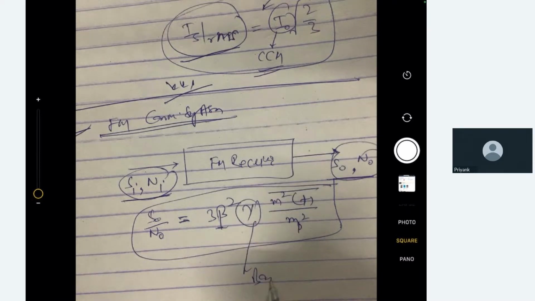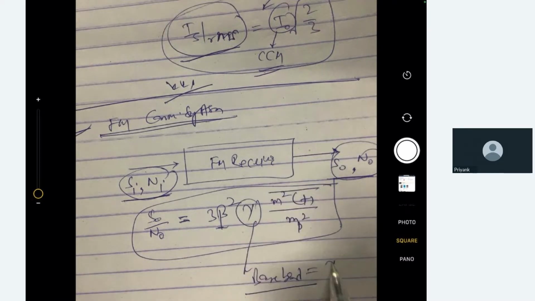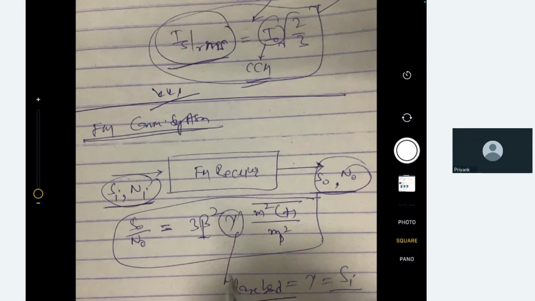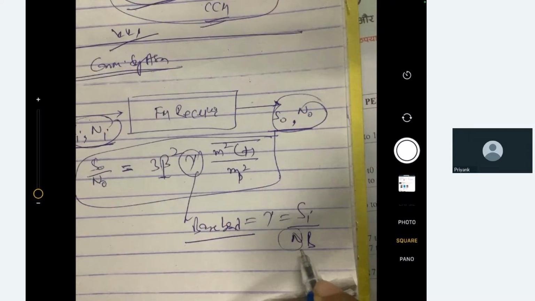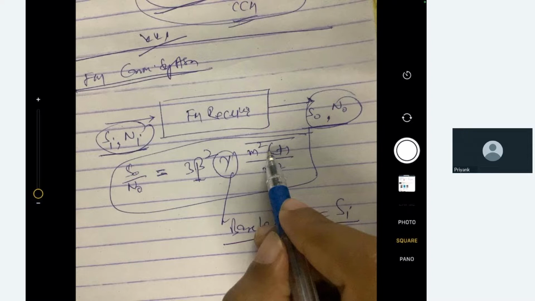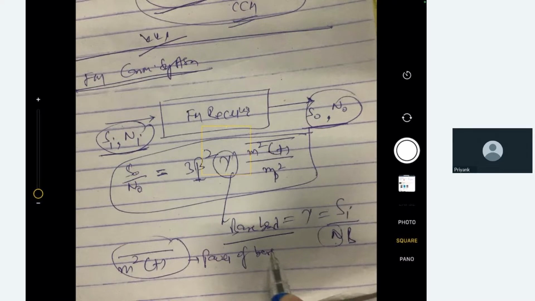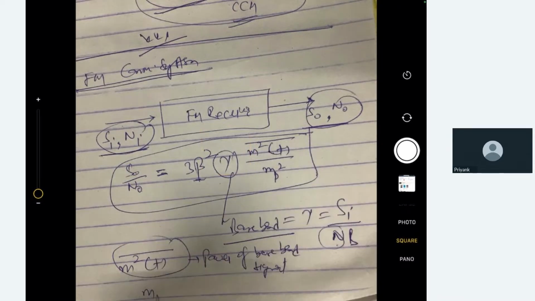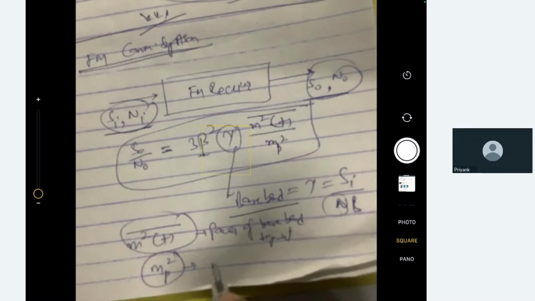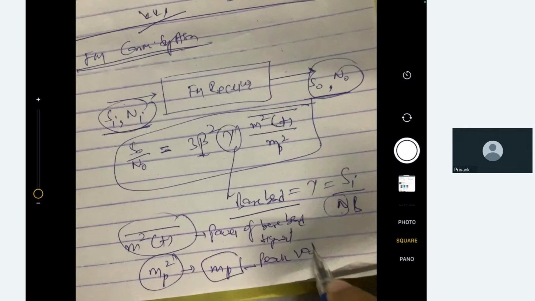So baseband gamma is equal to Si upon eta B. Eta is the power spectral density, and B is the bandwidth. m square(t) is the power of the baseband signal, and mp square is the peak value of the signal.